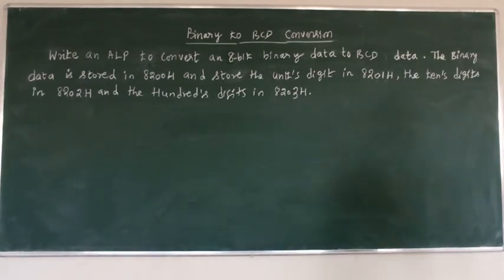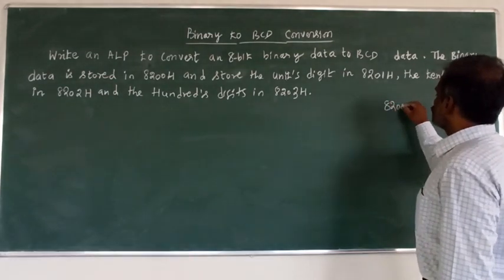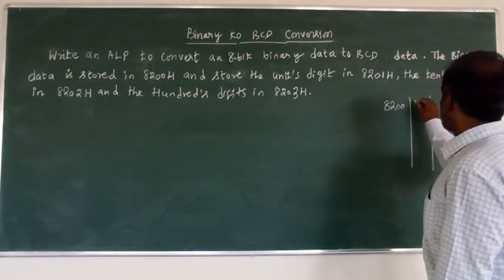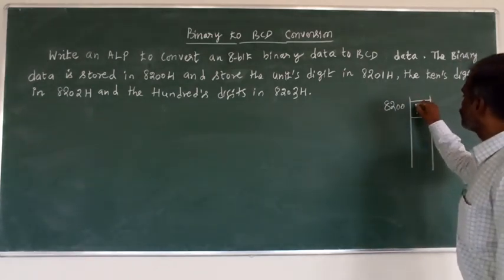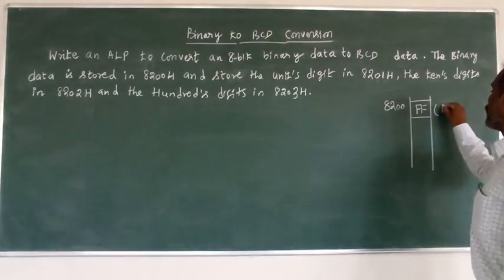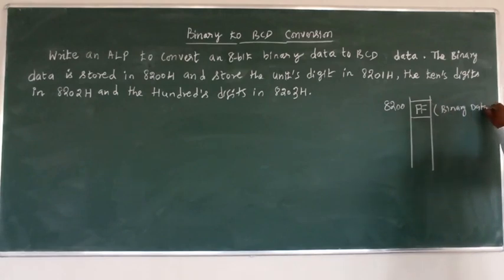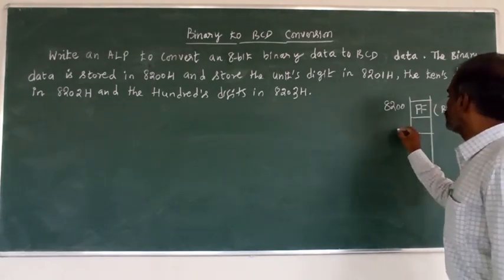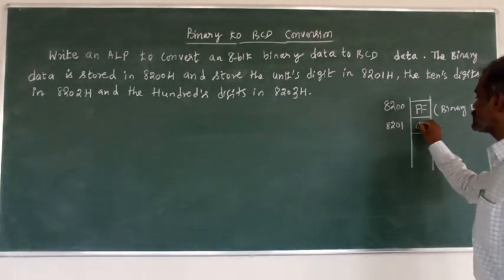First load the data from address 8200, the location holds FF. This is the binary data. And the result: 8201 has 05, the number of ones.